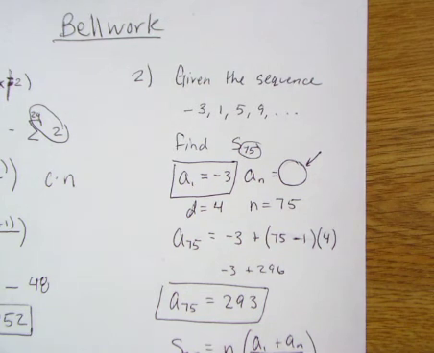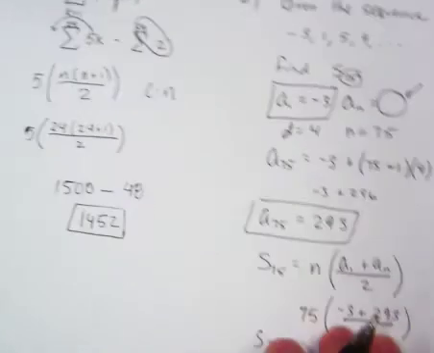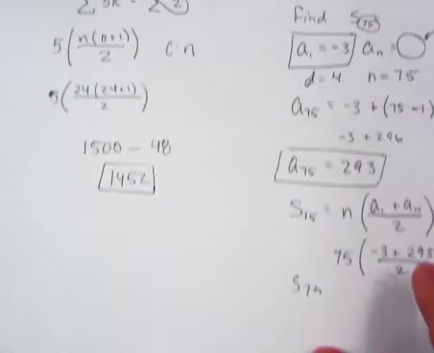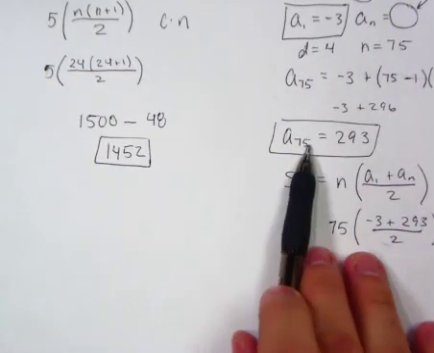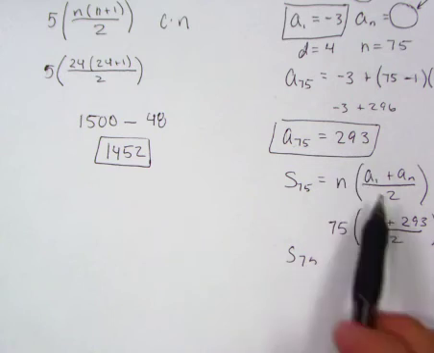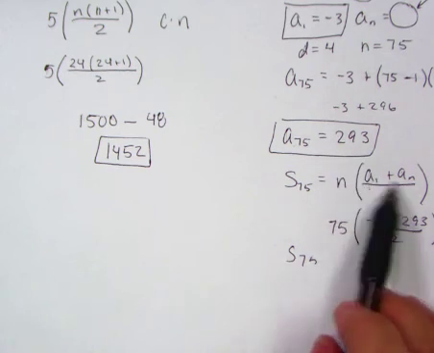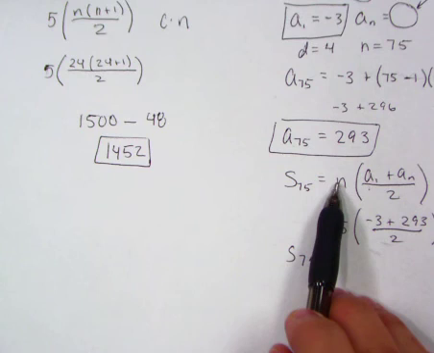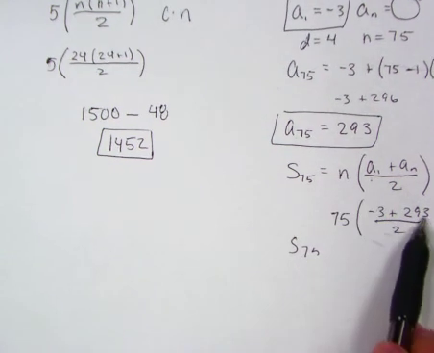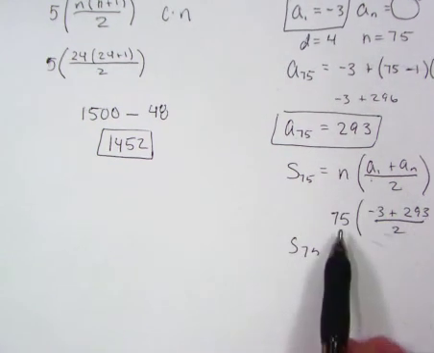So the sum of the first, sorry, I lost you guys down here. We found the last term to be 293. Here's the summation formula, first term plus last term divided by 2, times the number of terms. I put in the first term, I put in the last term, divided by 2, and the number of terms is 75.